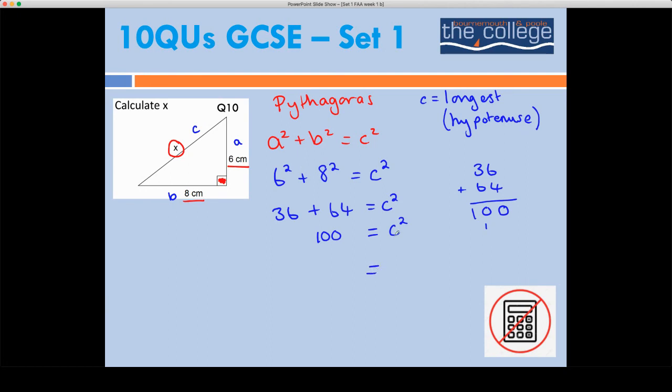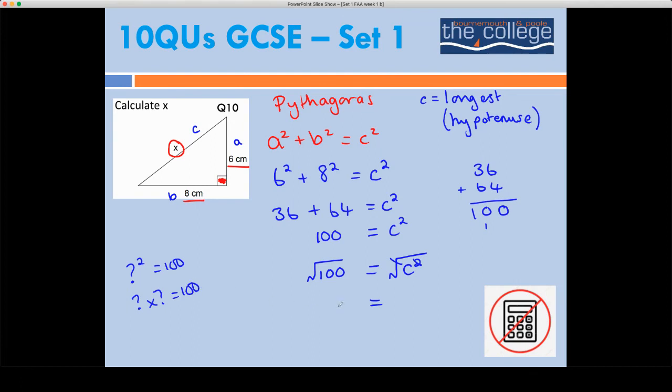So if you square root this side, let's write it on here. If you square root c squared, and you square root 100, what's happening there is this square and this square root cancel out because they're inverses. So now, let's actually do the calculation here, we're left with something squared equals 100, which means something times itself equals 100.